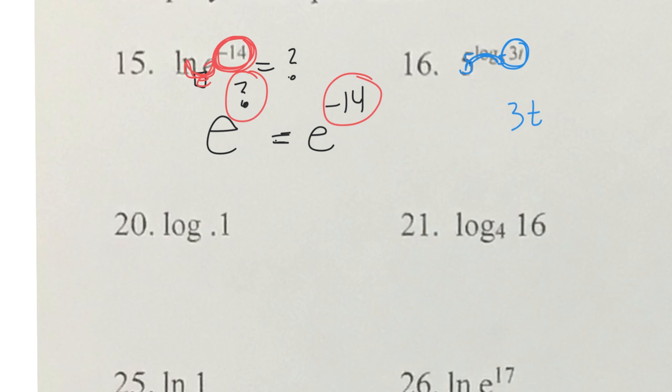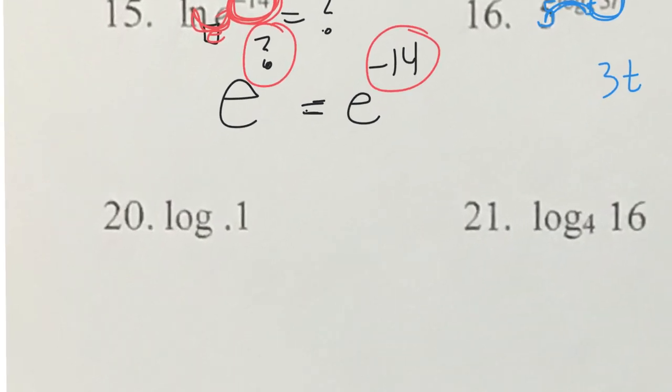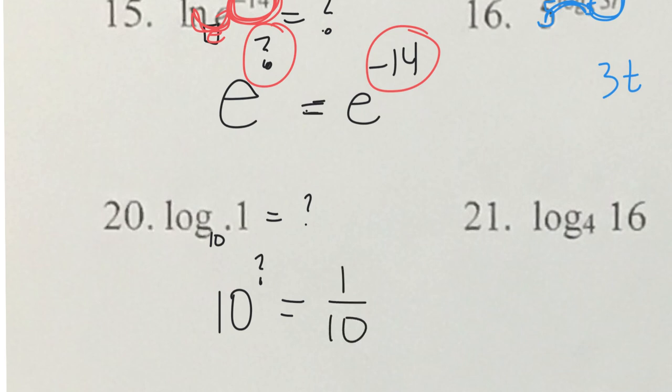Okay, number 20. Log without a base is assumed to be log base 10. So we can rewrite this as 10 to the what power equals 0.1. Well, 0.1 is also known as 1/10.